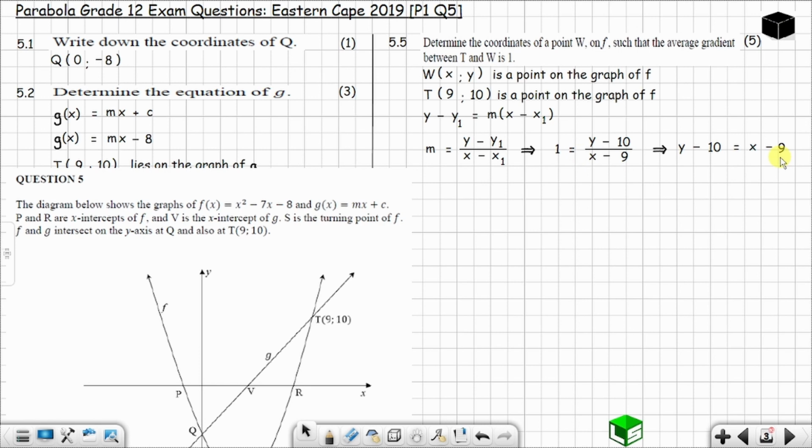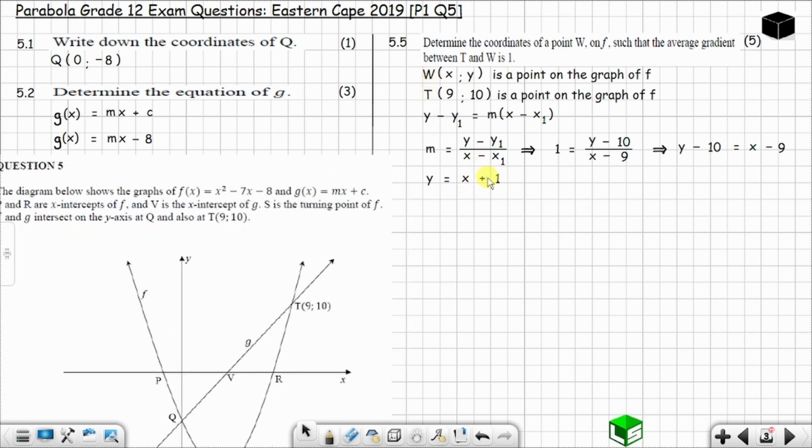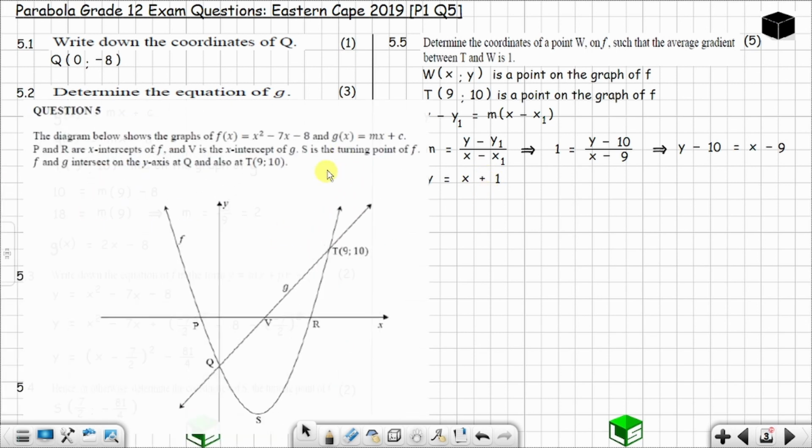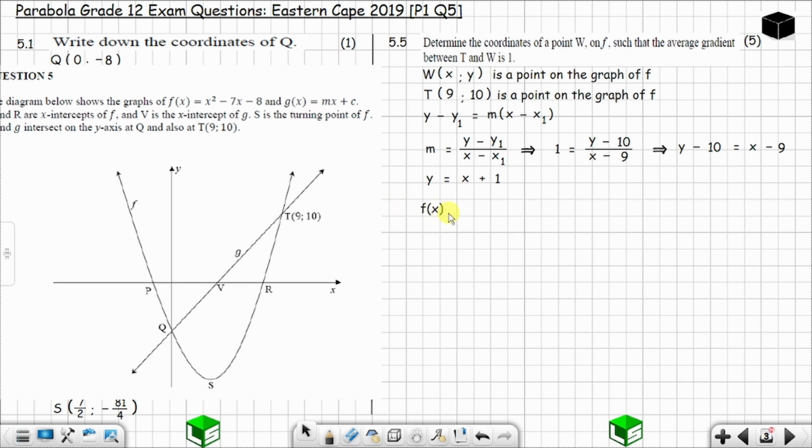Okay, you can carry on. So you have y is equal to x, you take negative 10 to the right. Now you have 10 minus 9, which is 1. So you have x plus 1. So this is the equation of the line passing through the points W and T. So you have this equation of the line, and the equation of the parabola is f of x equals x squared minus 7x minus 8.